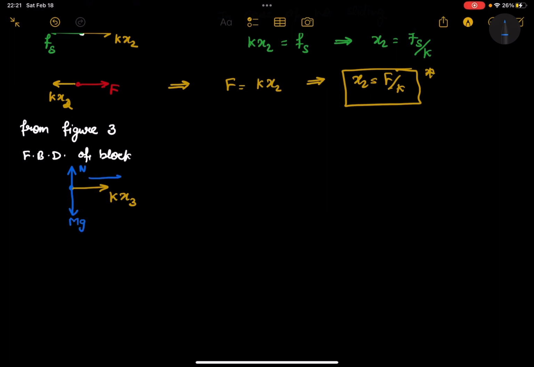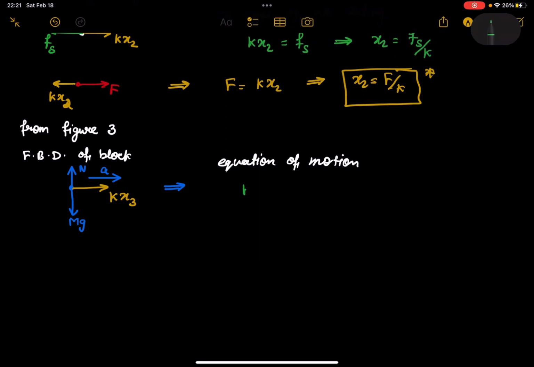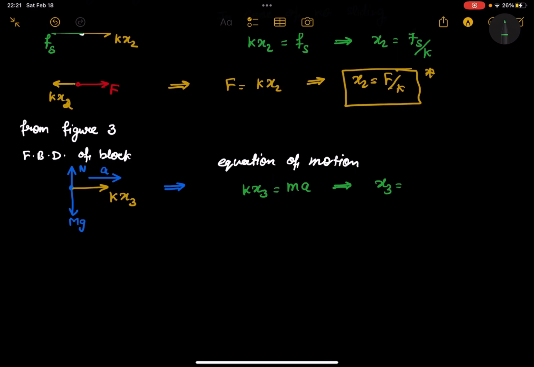And this block is accelerated with an acceleration a. So we can write the equation of motion: kx3 is equal to mass into acceleration. So the extension in the spring is ma by k.